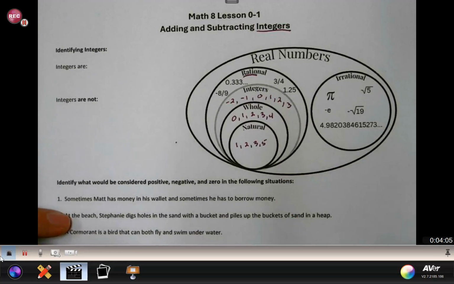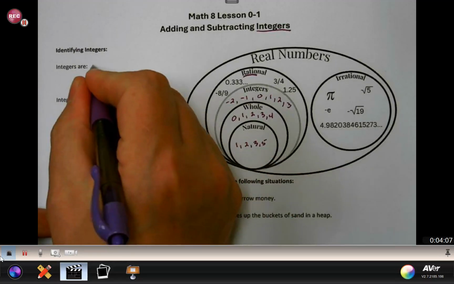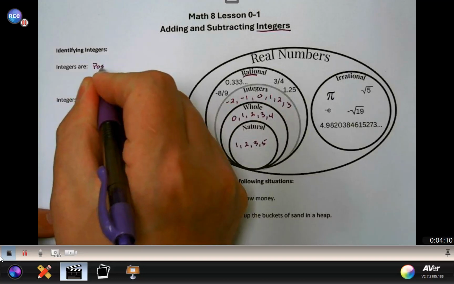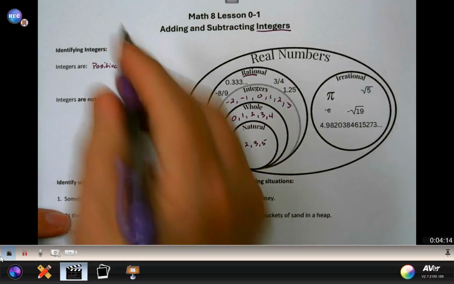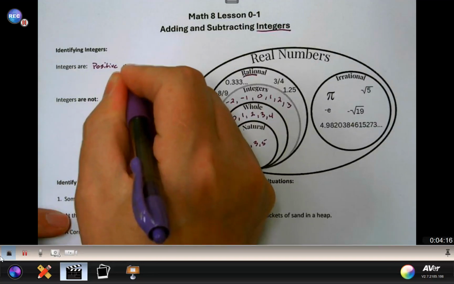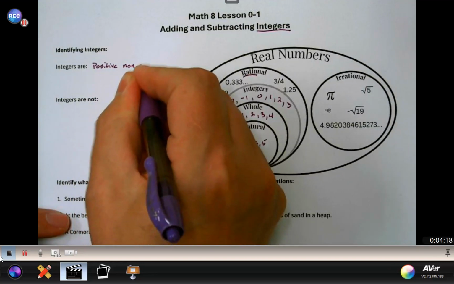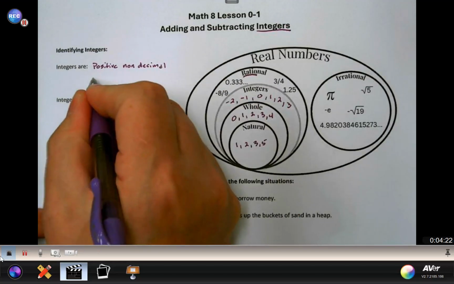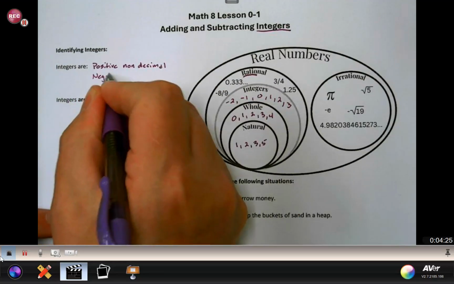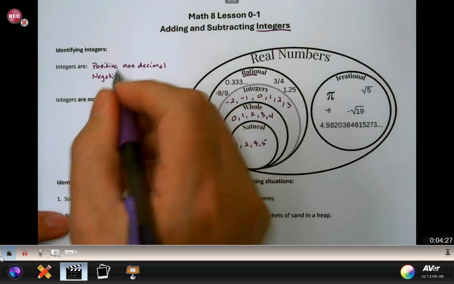So what are integers? Integers are positive whole numbers, so positive non-decimal numbers. They are negative non-decimals.